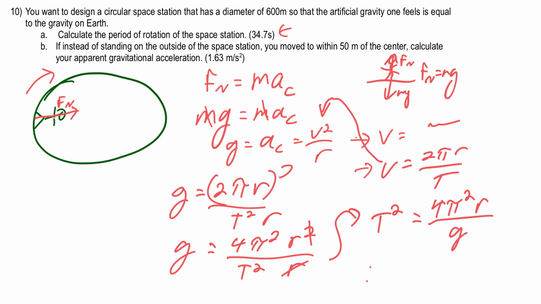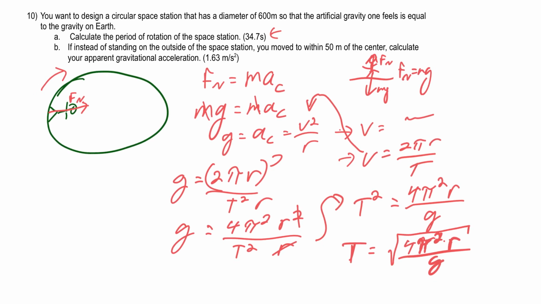Or let's just do the whole thing in variables. What if I gave you this question and said, derive this with just variables? So this would be 4 pi squared times r divided by g. There you go. That's with just variables.